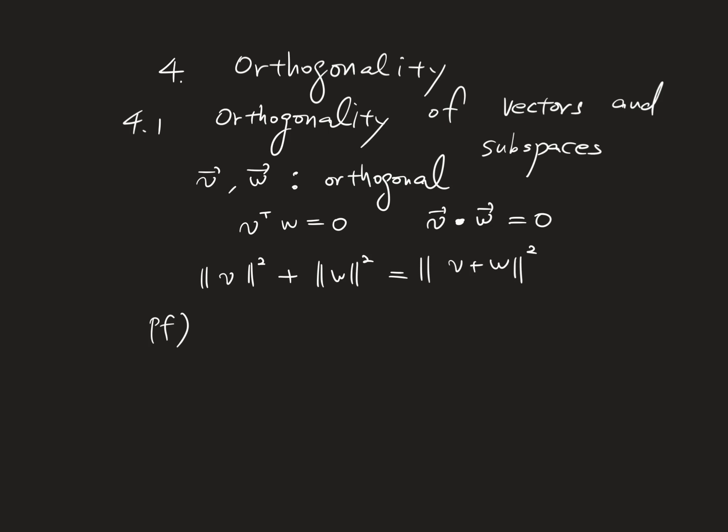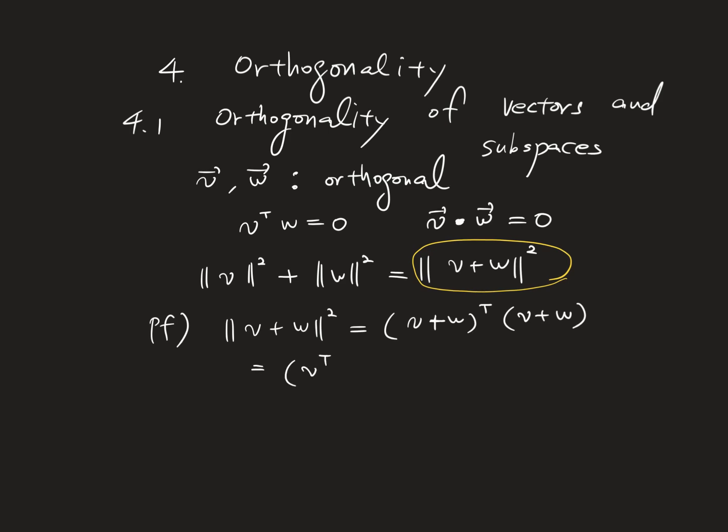If you see that, the right-hand side is more complex, so we start with the right-hand side, and by definition, the norm squared will be a dot product of itself, so we write it this way: (v plus w) transpose times (v plus w), which is v transpose v plus w transpose v plus v transpose w plus w transpose w.